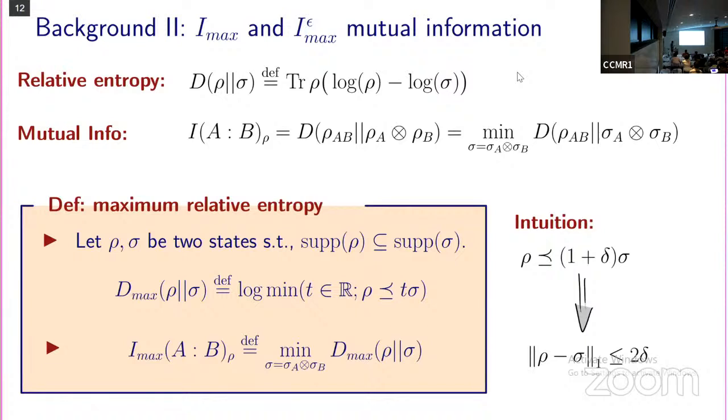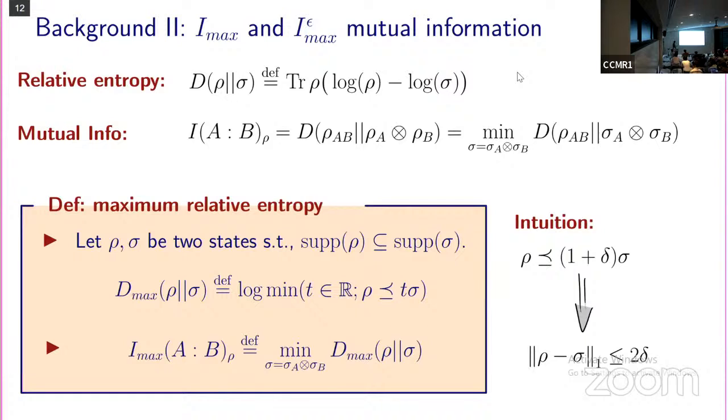And using the relative entropy, we can define the mutual information of a state with respect to some bipartition of the system using this formula, and it can also be written as the minimum, over all states, of the minimal distance according to this measure between the state and the product states according to a given partition. So this is the definition of the relative entropy.